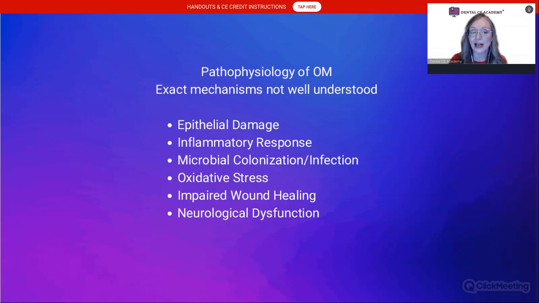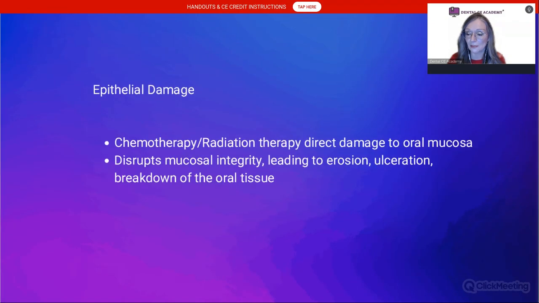We know that the exact mechanisms are better understood now than they were even back in 2005 when my dad was going through his treatment, but they're still not well understood. We know that epithelial damage, inflammatory response, microbial colonization, infection, oxidative stress, impaired wound healing, and neurological dysfunction are all at play.